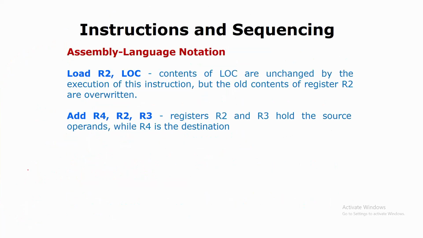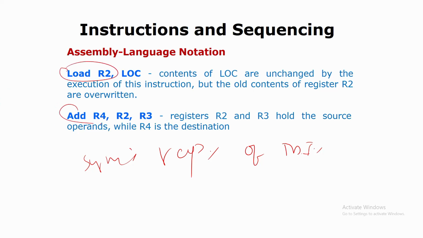Next is assembly language notation. Assembly language notation is a symbolic representation of machine instructions. Here, Load R2, LOC and Add R4, R2, R3 are examples of assembly language notation.